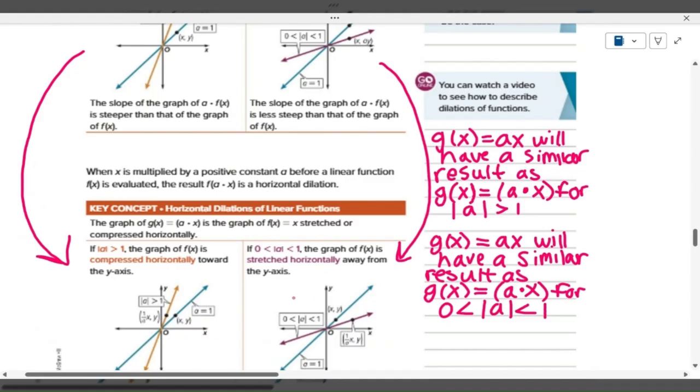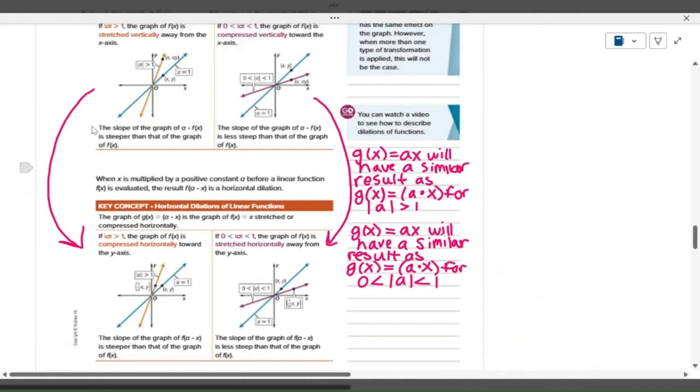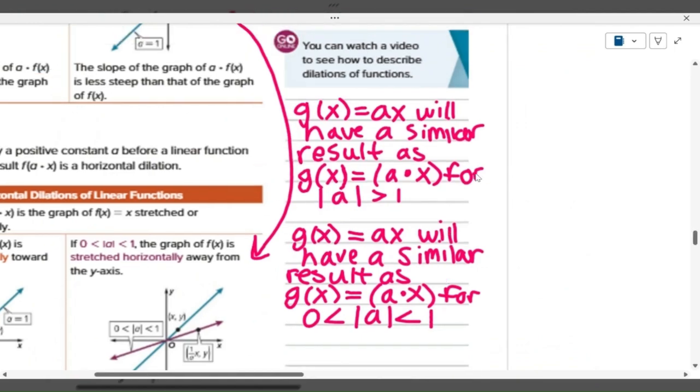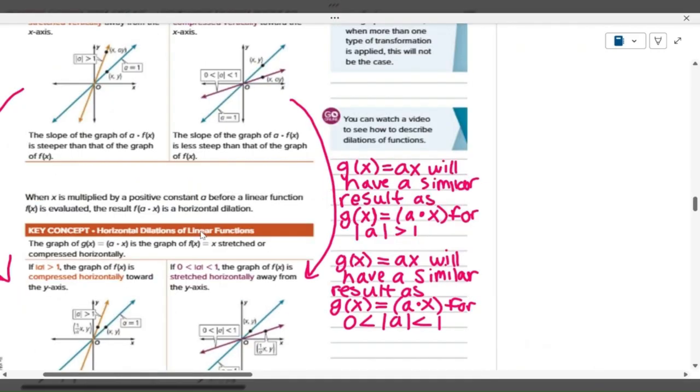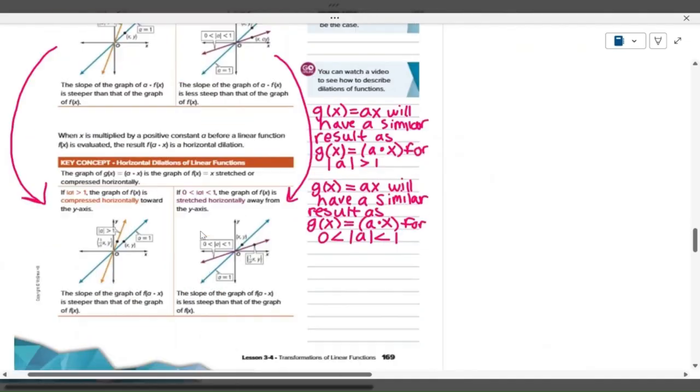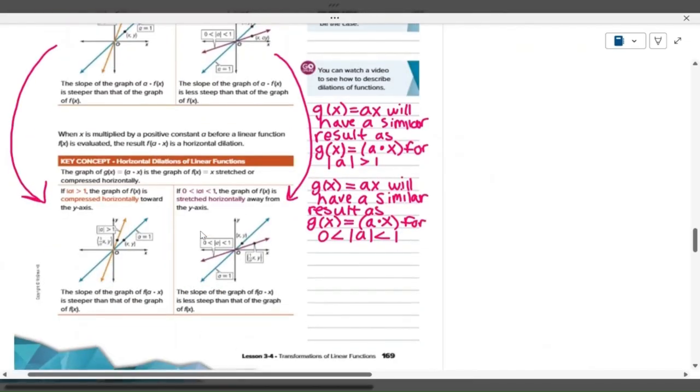And then I want you to annotate the page the way that I did here. So draw these little arrows showing how these two graphs matching up are similar and these two graphs matching up are similar. And then I want you to pause the video and write this out off to the side. This is very, very good for you to have because it's going to help you make the connections between the compressions and stretching. All right, we'll go through that some more, and I'm going to create some support videos for these concepts.